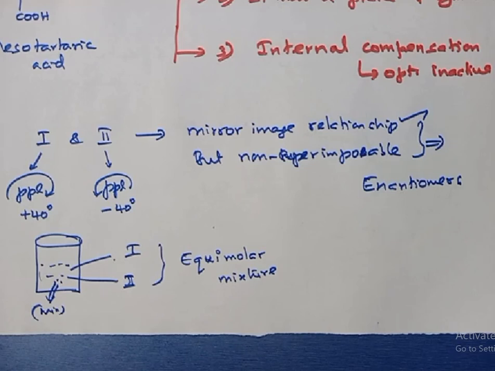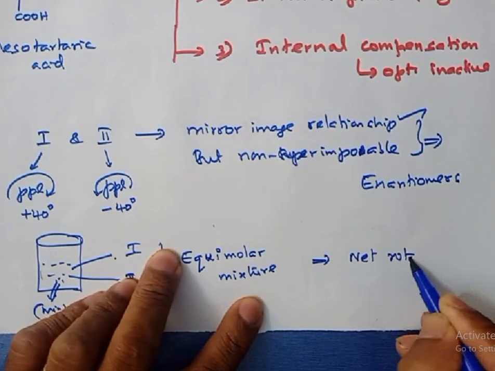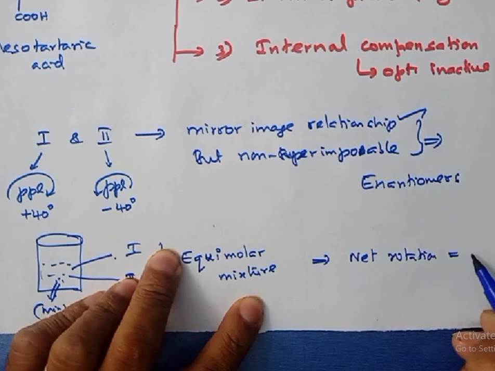Compensation will occur, right? The rotation of one isomer is cancelled by the rotation of the other. So what will be the net rotation? 0. Net rotation is 0.